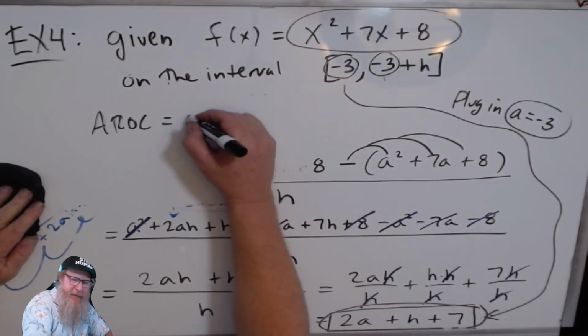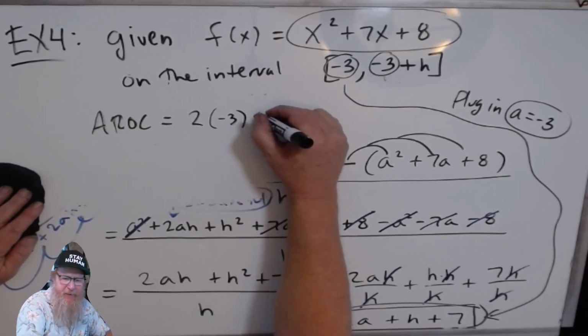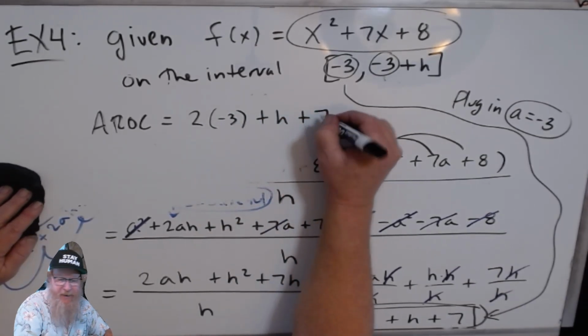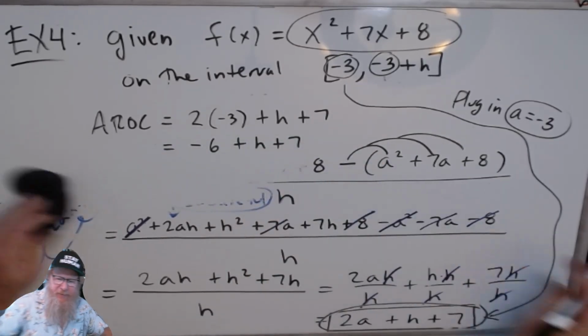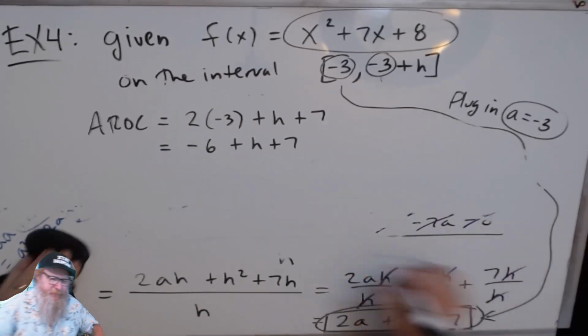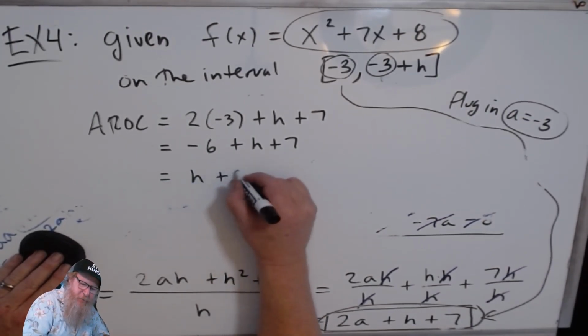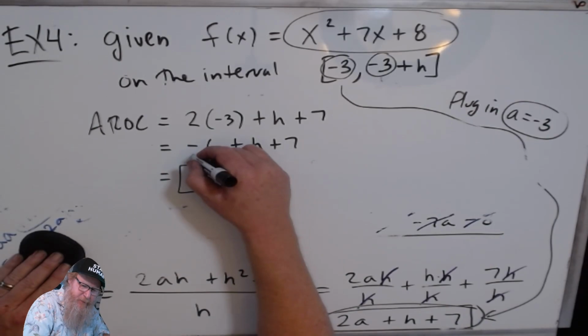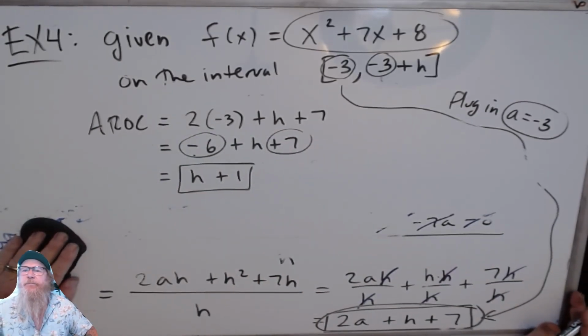I'm plugging it in. 2 times -3 plus h plus 7. -6 plus h plus 7. So that'll be h plus 1. -6 and +7 will be 1.